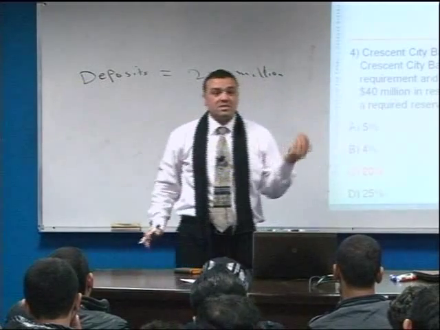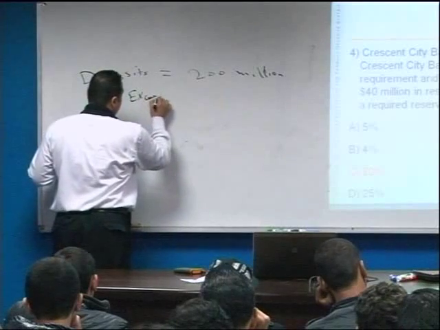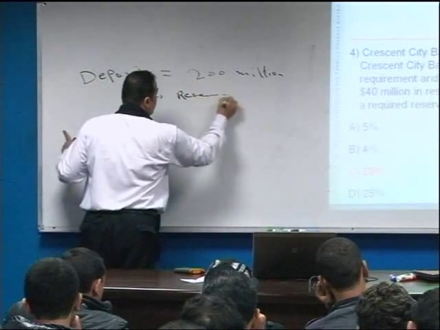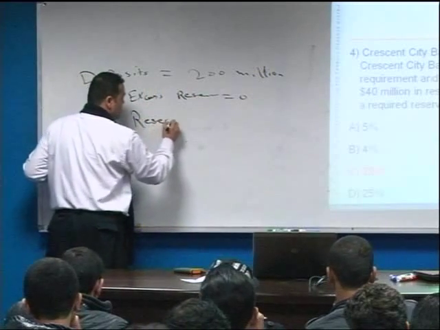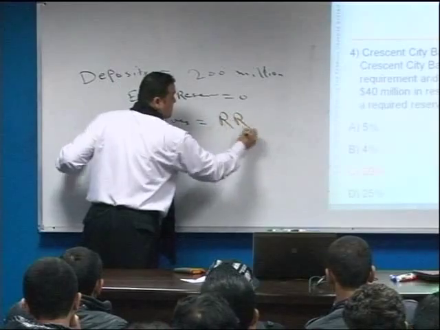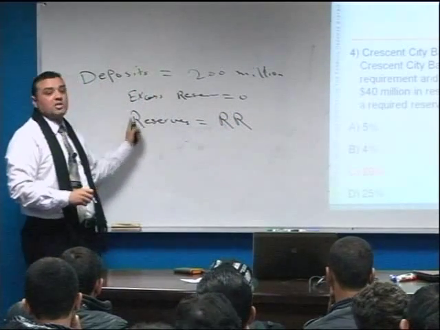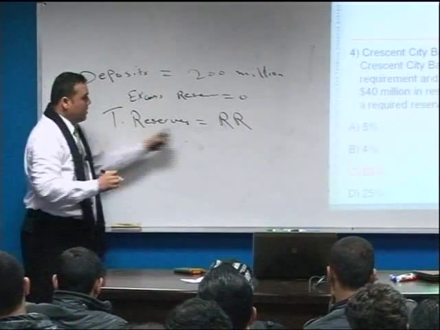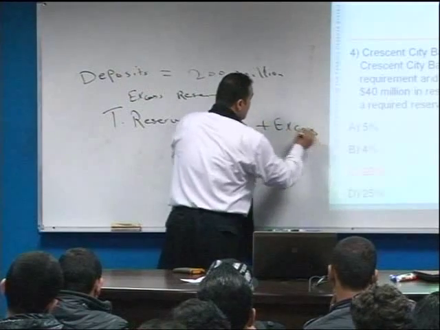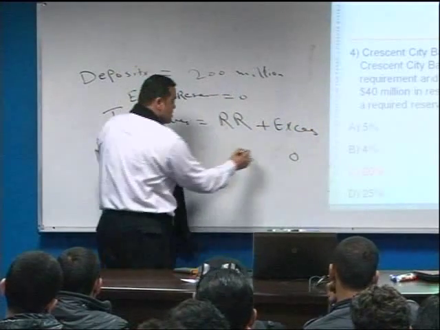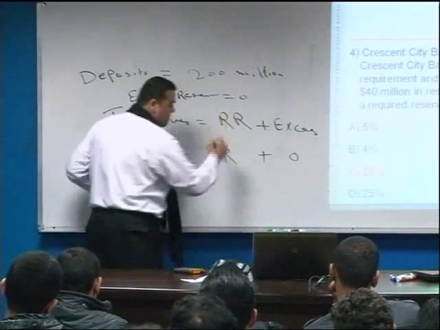This means the excess reserves equal 0. This means that the reserves all equal the required reserves, because total reserves equal required reserves plus excess reserves. When excess reserves equal 0, the total reserves equal the required reserves.